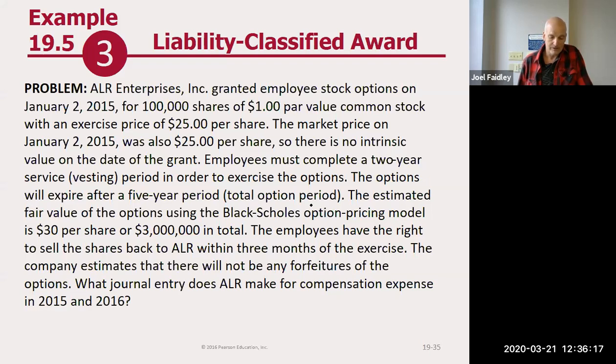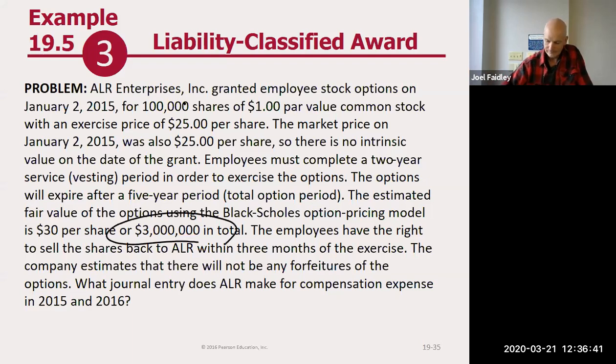The market price was also 25. So you can see they want you to make the stock price go up. That's the whole point of stock options, whether it's liability or equity based. Estimated fair value of the options using the Black-Scholes option pricing model, $30 per share. So they think that's the value of these options.